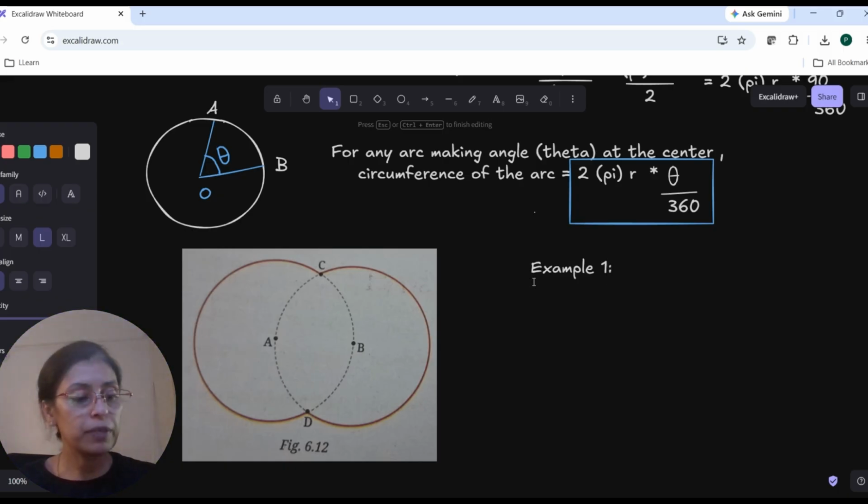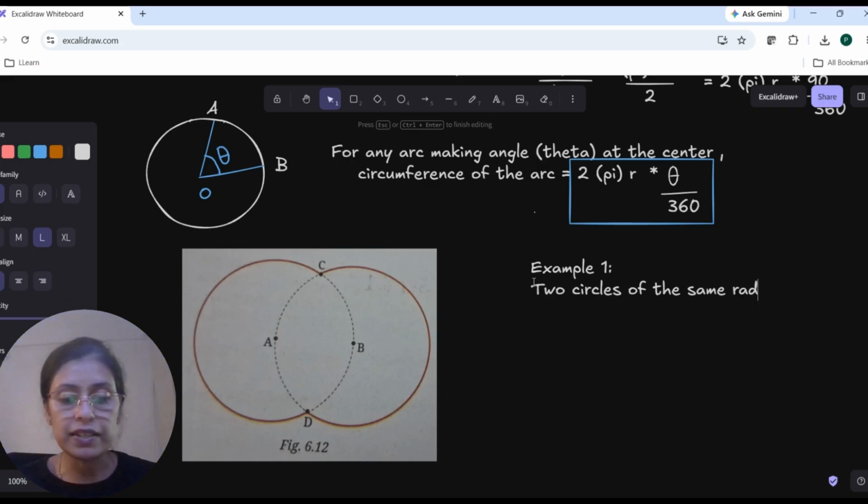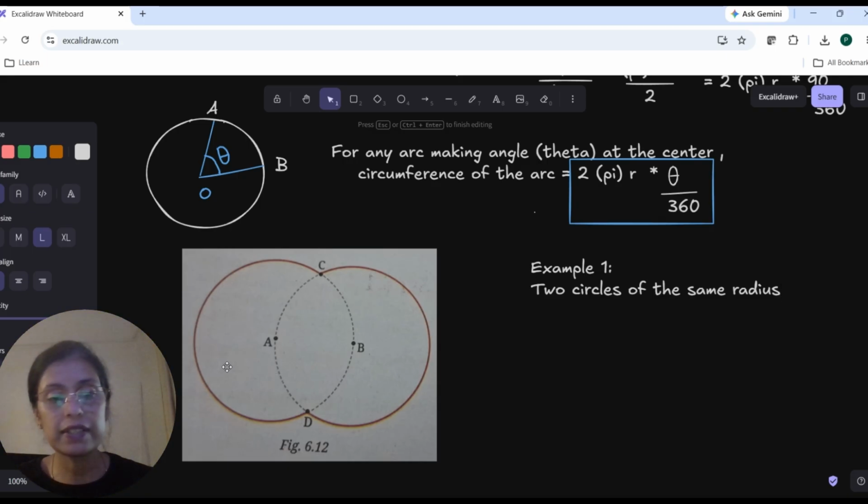Okay, so what we have been given here is two circles of the same radius. They have the same radius and they are passing through each other's center. One circle has the center A. The second circle has the center B, right? Now the right hand circle is passing through the center of the left hand circle, and the left hand circle is passing through the center of the right hand circle.